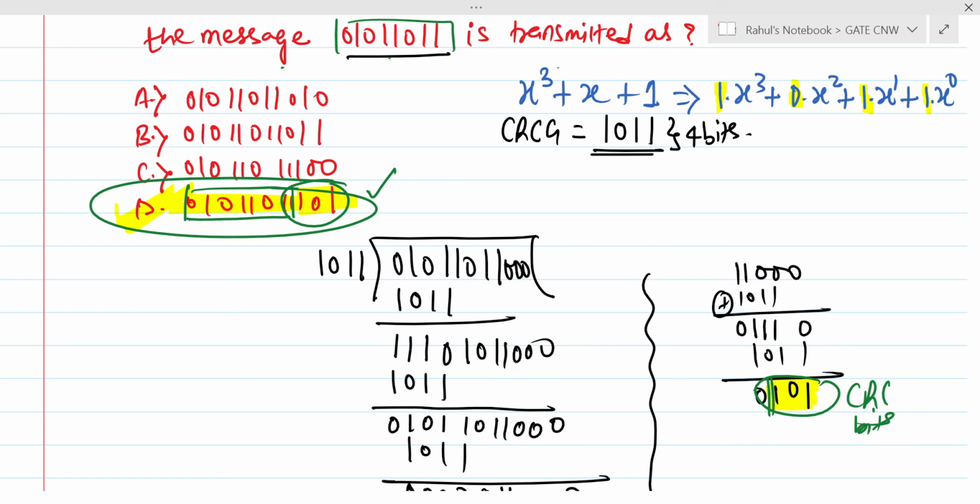This 1 0 1 is the CRC bits, which is n minus 1 in length. The CRC generator is 4 bits, so the CRC bits length is 3. If the CRC generator is 10 bits, the CRC bits will be 9. Likewise. So option D is the correct answer.